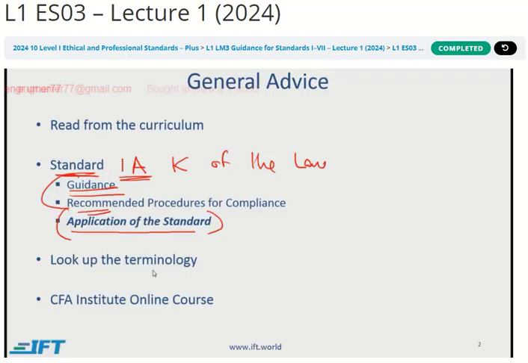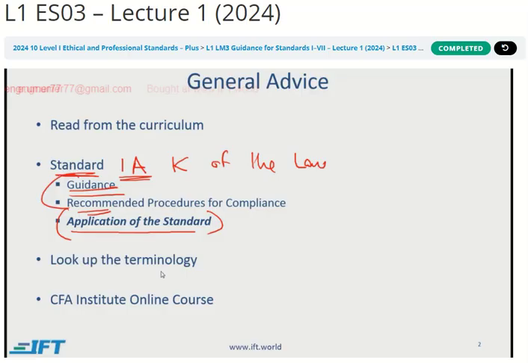In this particular lecture, I'm not going to explain all the terminology. This is because students at level 2 and 3 will already be familiar with the terminology, and even level 1 candidates who have a finance background will be familiar. But let's say that you are getting started with your level 1 studies and you do not have a finance background, then there will be terms that you might not have heard of.